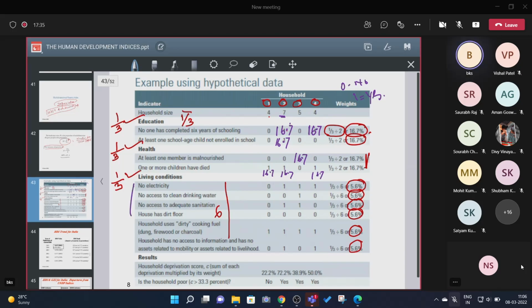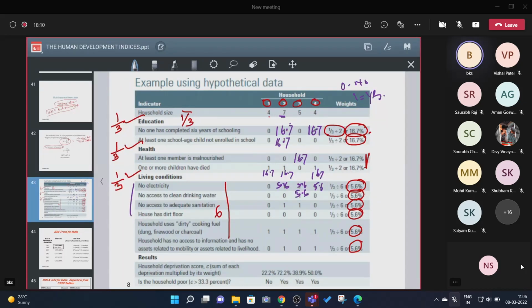Similarly, in case of no electricity, household 2 gets a weight of 5.6, household 3 gets 5.6 as weight, and this also 5.6. Similarly, no access to clean water, household 3 gets a weight of 5.6, that implies there is no clean water accessible to household 3.